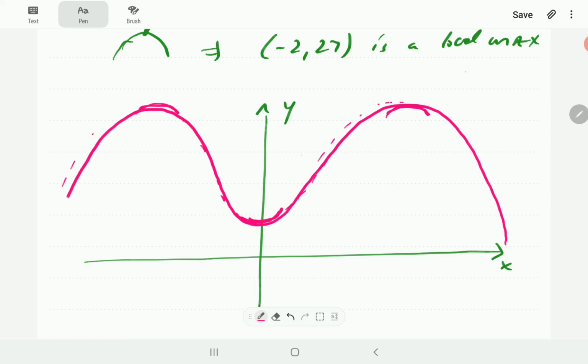So this is going to be (2, 27), (-2, 27). This one here is (0, 11). All right.